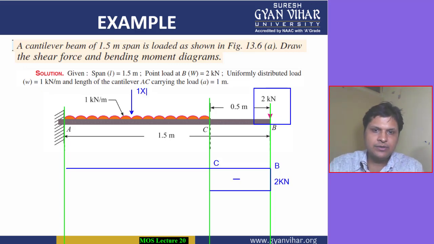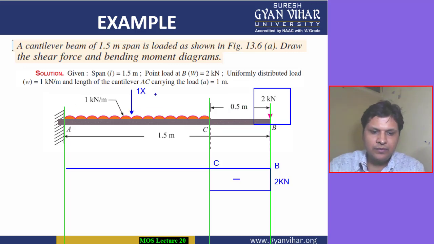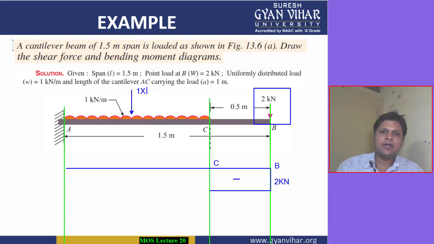Distance will be 1.5 meter minus 0.5 to get the distance in which the UDL is acting. So 1 into 1.5 minus 0.5, that is 1, means 1 into 1, which is 1 kilonewton total load acting.